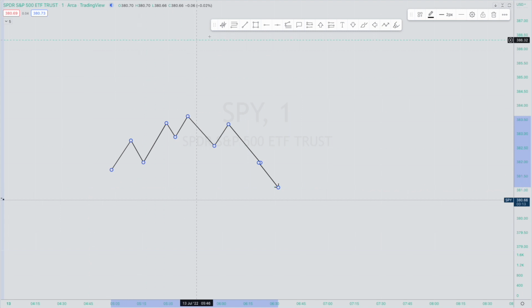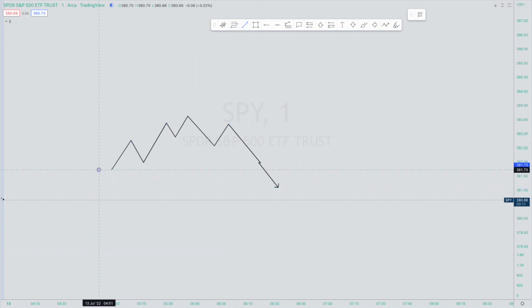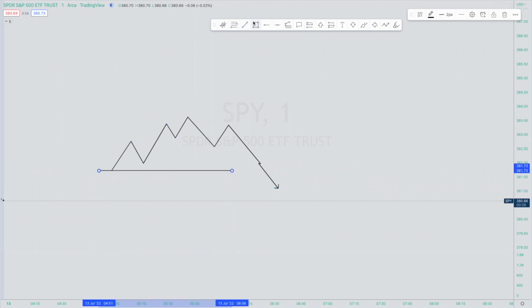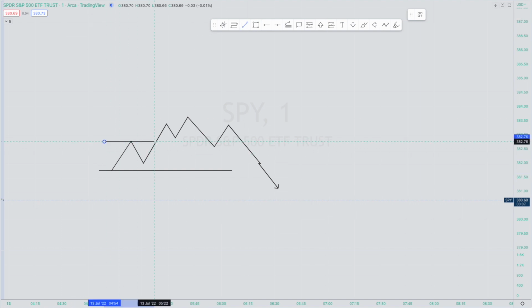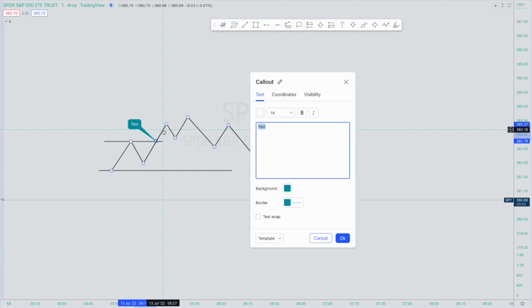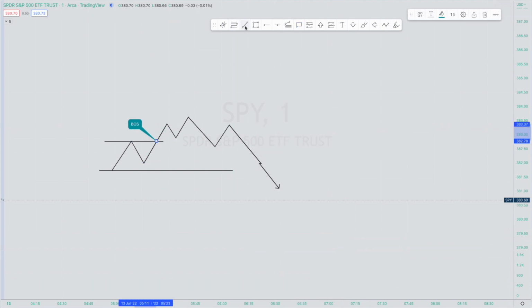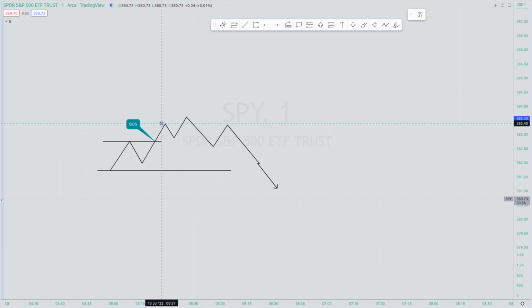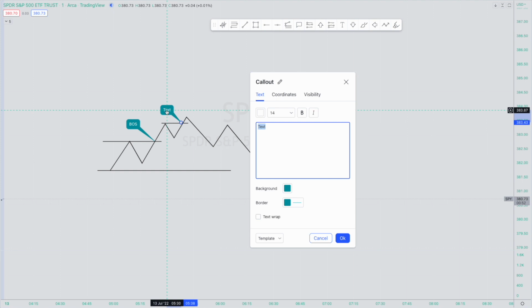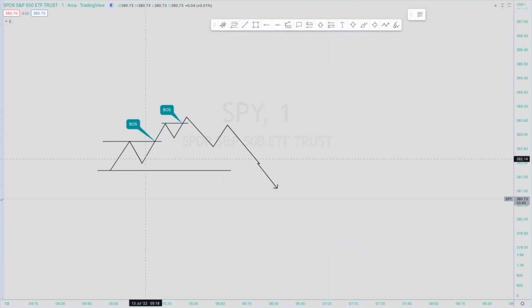So in a market like this, if we draw up market structure, we have a low, we have a high, we have a break of structure right here. So if we call this break of structure, we have a high, we have another break of structure right here. We have a higher low. We go in, we put in a higher high.